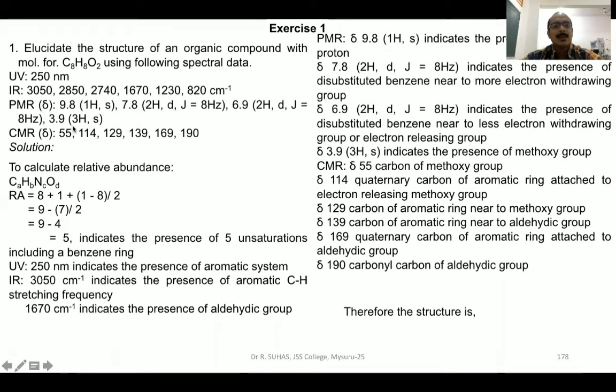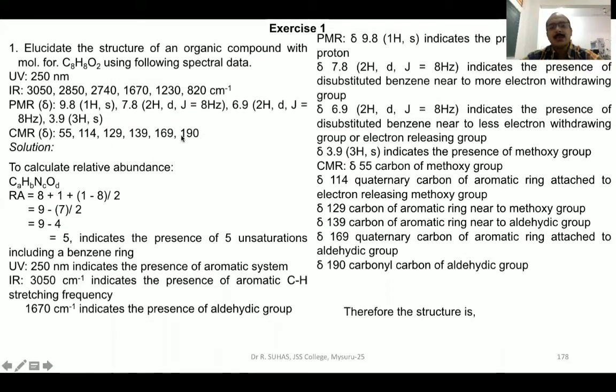And 3.9, 3H singlet, maybe it is CH3 but attached to some oxygen or nitrogen. Because the molecular formula has got oxygen, I guess that this should be a methoxy group, because methoxy is an OCH3 ether function. Usually it will be in the range 3.5 to 4. So the new addition here is the carbon 55, 114, 129, 139, 169 and 190.